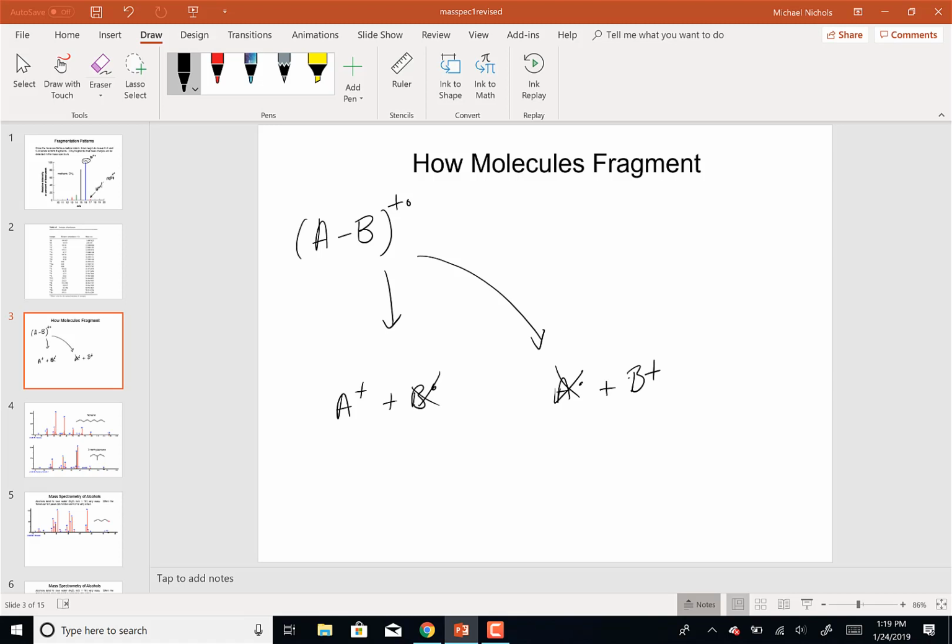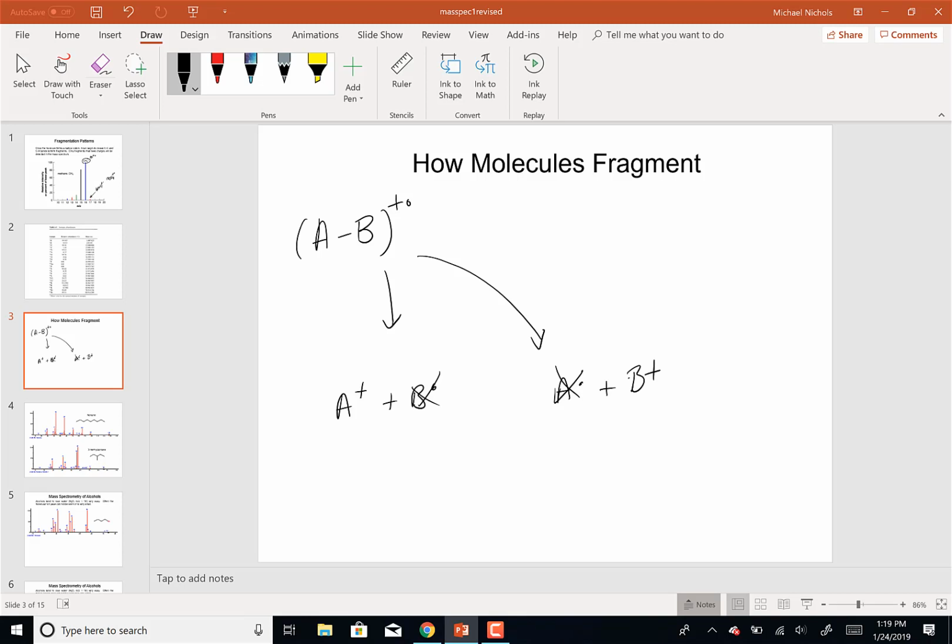So if I'm going to fragment a molecule, what am I going to see? Am I going to see more A plus, or more B plus? Am I going to see more of the A carbocation or the B carbocation? It depends. Which one's more stable? I might see both of them, but I'm going to see a bigger peak in the mass spectrometer at the mass of the more stable carbocation.